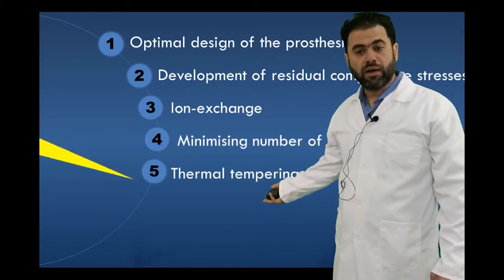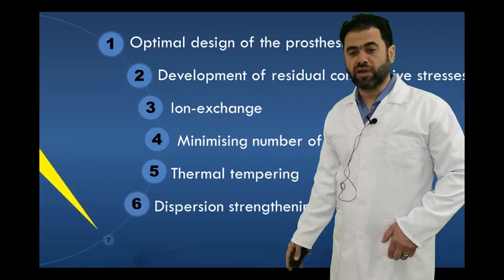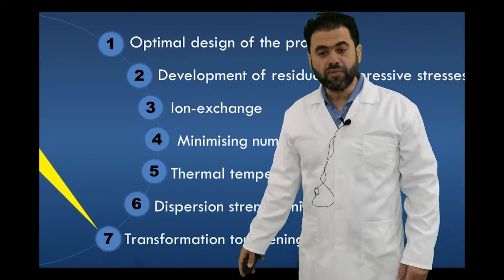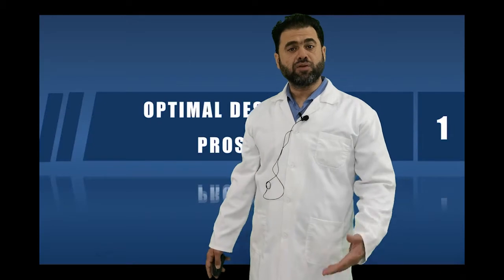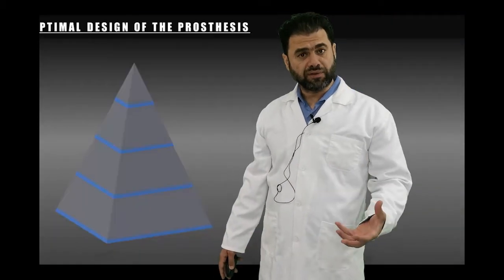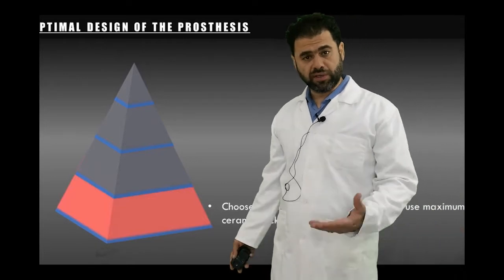We have dispersing, strengthening, and we have transformation, toughening of the ceramic. Starting with the design, we can use a material that is tougher, more tough among the ceramics that we studied before.